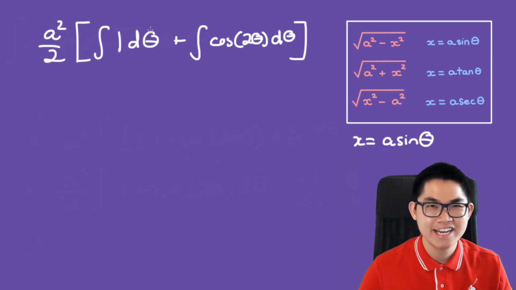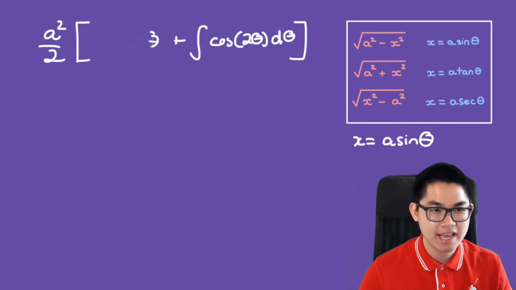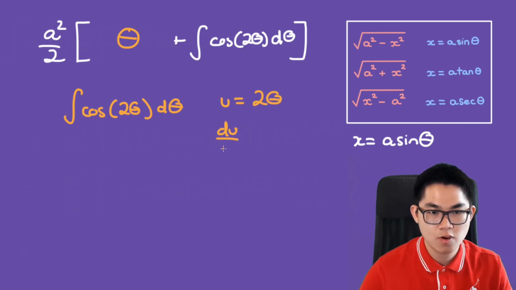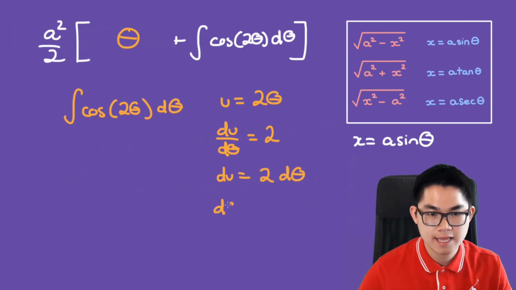What is the antiderivative of the integral of 1 d theta? It's just going to be theta. And what is the integral of cosine of 2 theta? Well, let u equal 2 theta. So the derivative du over d theta is just 2. So du is 2 times d theta, and d theta is 1 over 2 times du.